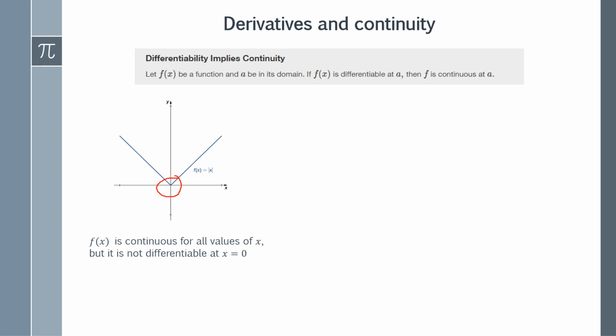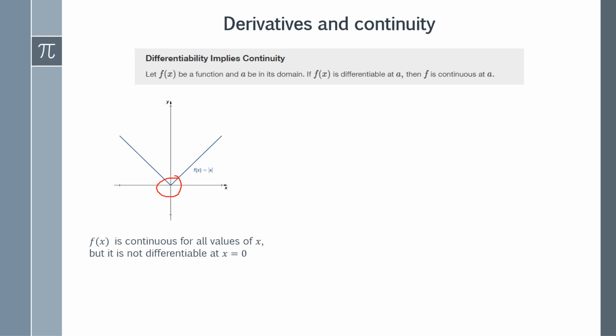Okay, there is no tangent line at that sharp corner. Okay, thus we cannot define the derivative. So here's your first example where a function is perfectly continuous for all points in its domain. However, it is not differentiable at one point, x is equal to 0.